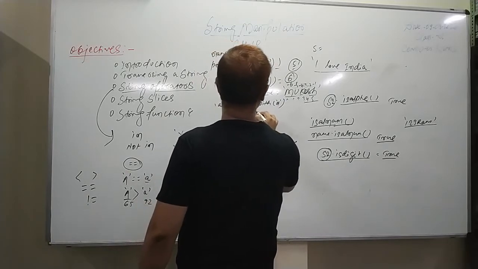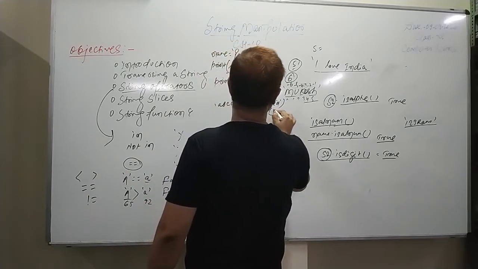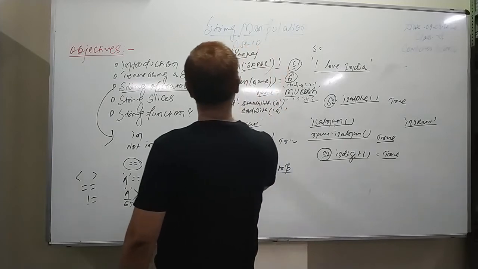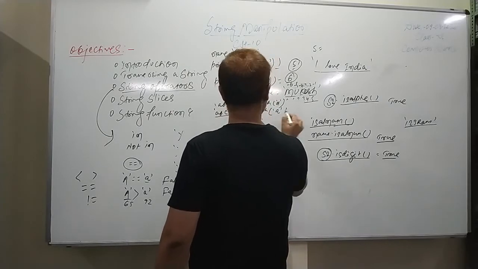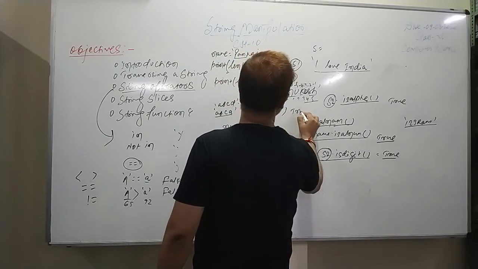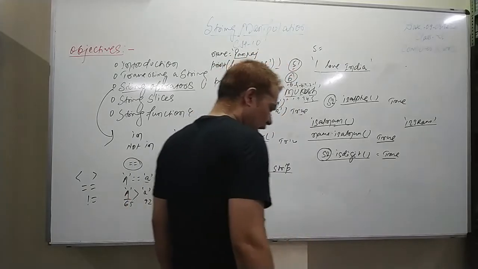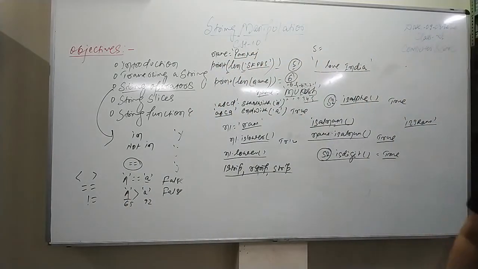This method checks for the alphabets at the end. So if I use ABCA, is this string ending with A? Yes, so this will give you True. This is how the startswith and endswith functions check for the existence of a particular character at the starting and ending position.